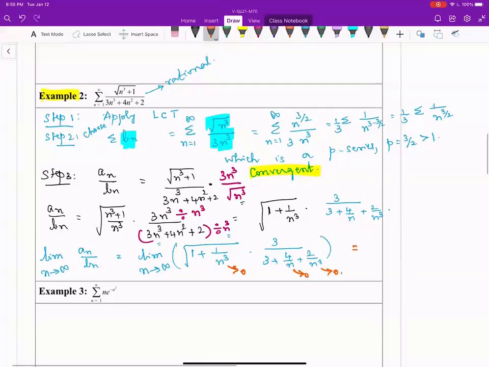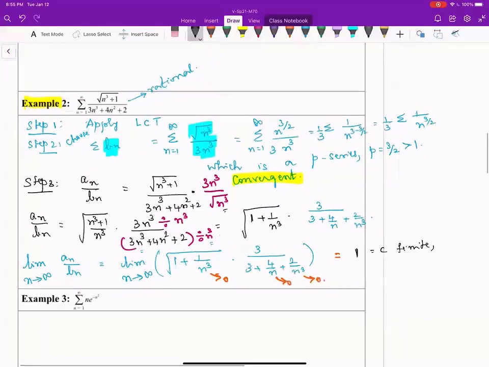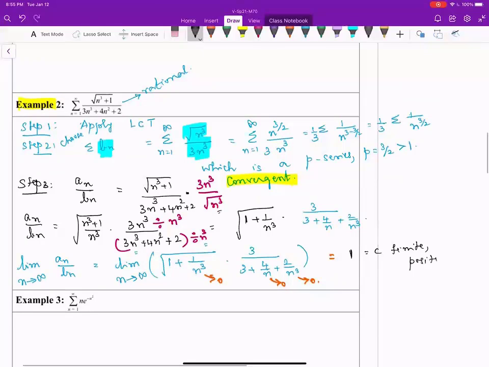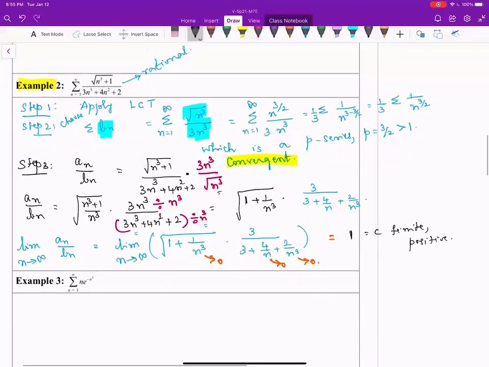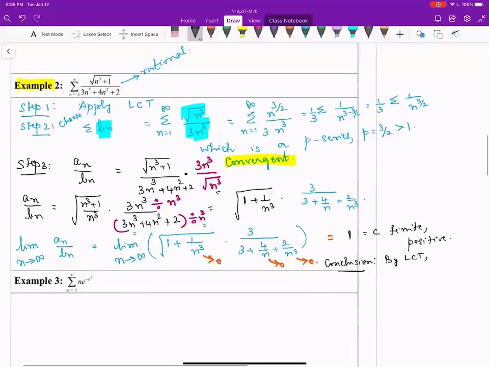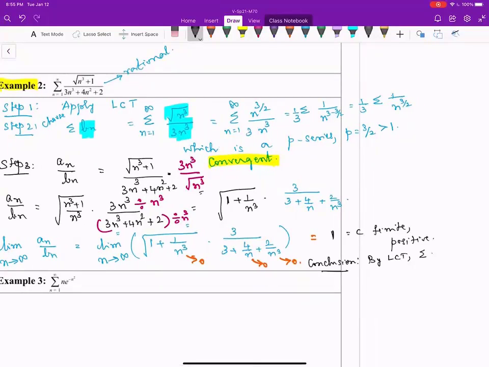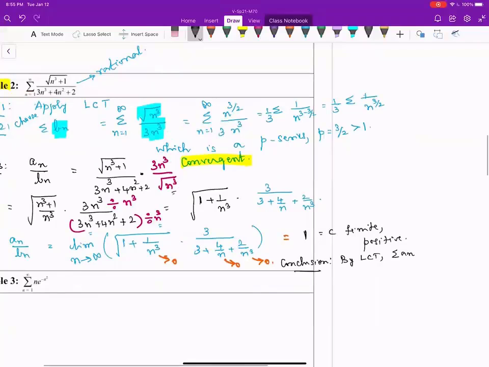So the whole thing reduces to: the first part within the radical is 1, then we have 3 over 3. So the whole thing becomes 1. So this is equal to C. C is finite and positive. Therefore, by limit comparison test, the series sigma an, the given series, converges.